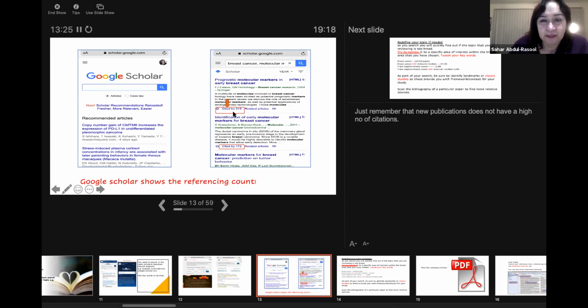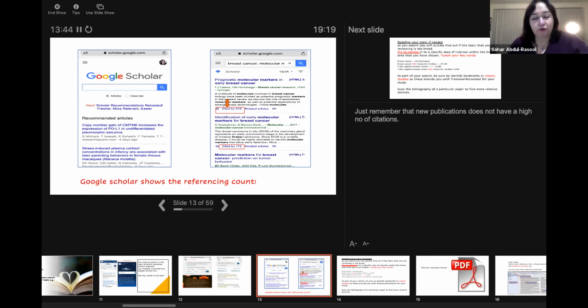And when you see that an article has been cited by too many people, that's an indication that you must read that article if you are going to write about that particular topic. But also bearing in mind that new papers haven't been cited enough.